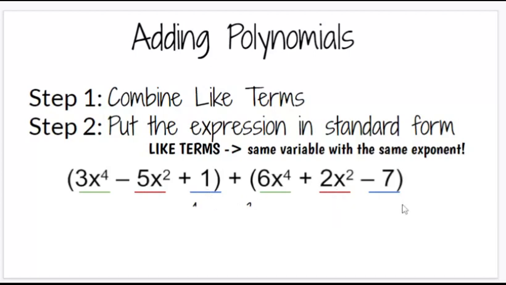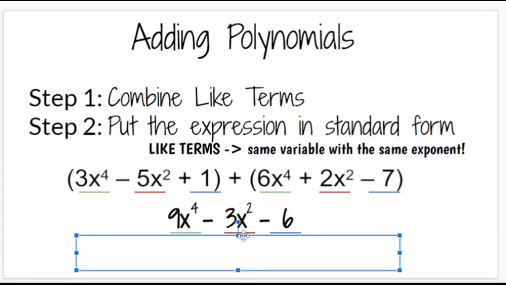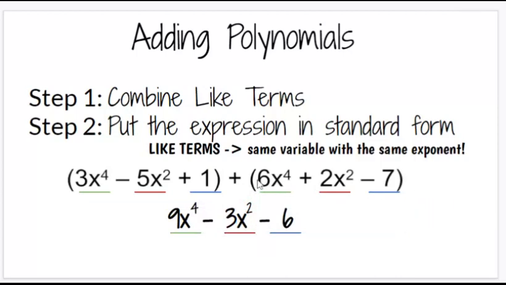And 1 and negative 7 combined, 1 minus 7 gives me negative 6. So that's where we're at here. We have the 3 and the 6 to make 9x to the 4th. Negative 5x squared plus 2x squared makes negative 3x squared, and 1 minus 7 makes negative 6.